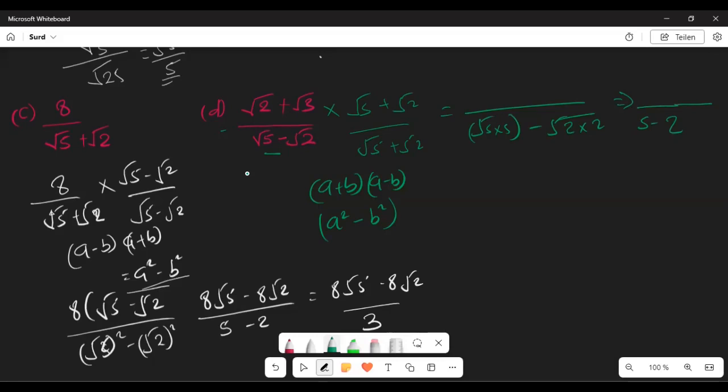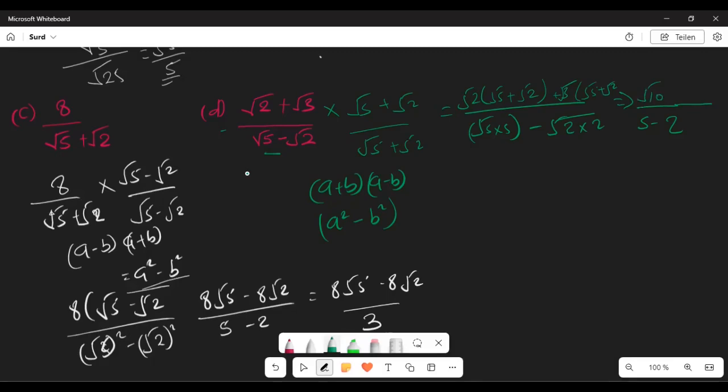Now let's go up to do the numerators and use the longer method. So we have here root 2. So we're going to say root 2 into root 5 plus root 2, then plus root 3 into root 5 plus root 2. So to expand this one, we have root 2 times root 5, which is going to give us root 10.